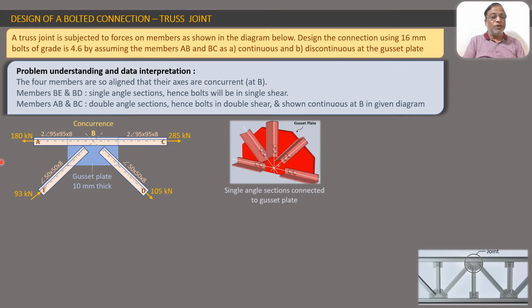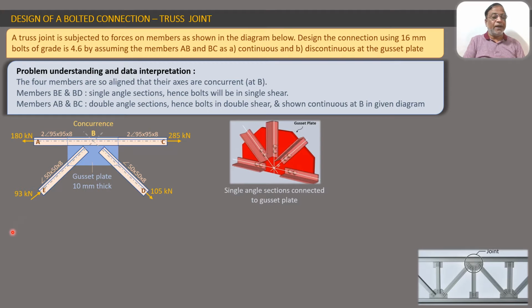Now we observe one more thing. If we see the center lines of all the 4 members, they are shown here like this. You can see the dashed dot line. If we extend all these 4 lines, they intersect in a single point. That means the axes of these sections are concurrent. The forces acting on these members, 93 kilonewton, 105 kilonewton, are the given forces.